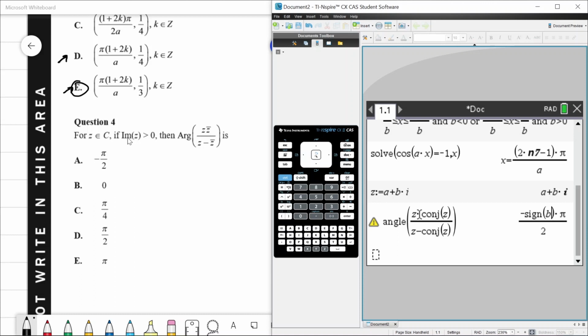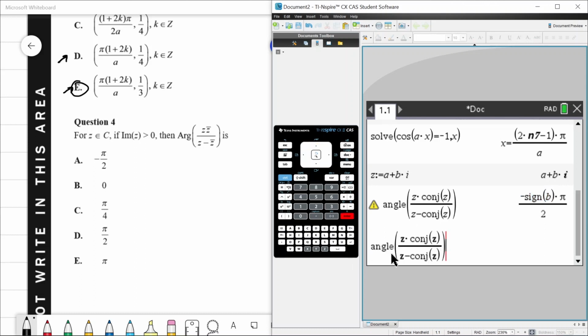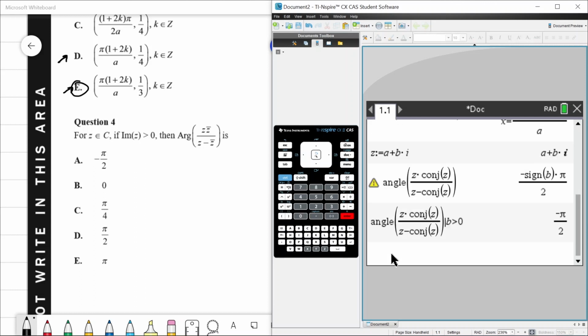So in this case, we want the imaginary part to be greater than 0, in other words positive, which means the sign of b, which is our imaginary part, is going to be positive. So overall, that's minus pi on 2. If you want, you could also specify that, for example, b is greater than 0, and then you'll get minus pi on 2 as expected. So option A.